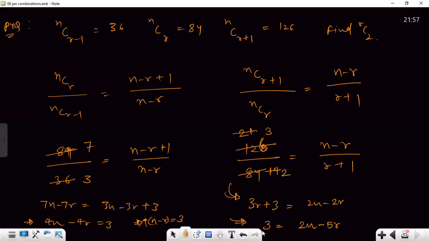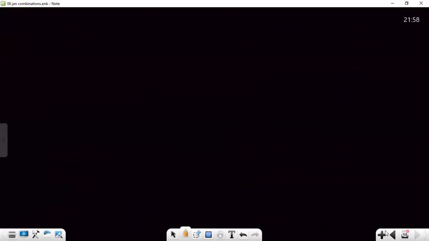We now have two linear equations. So let's substitute n. R is what we want. So let's substitute n in the second equation. n minus r is equal to 3 by 4, so n is basically 3 by 4 plus r. The second equation is 3 equals 2n minus 5r, right?